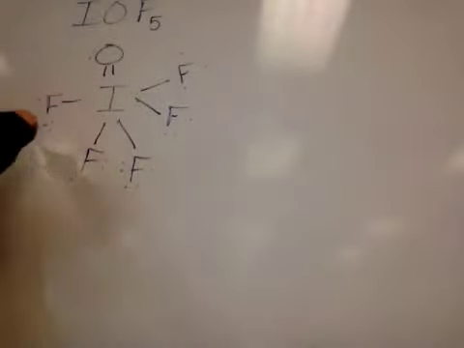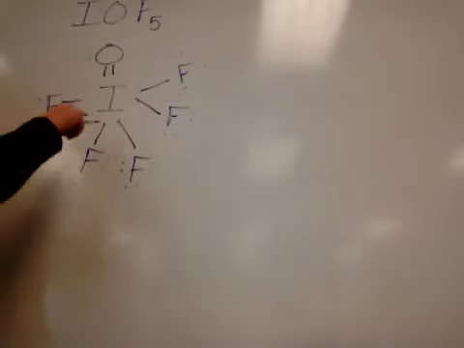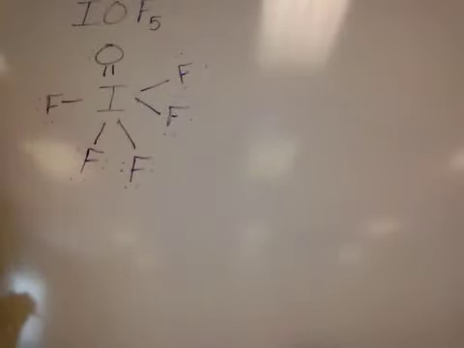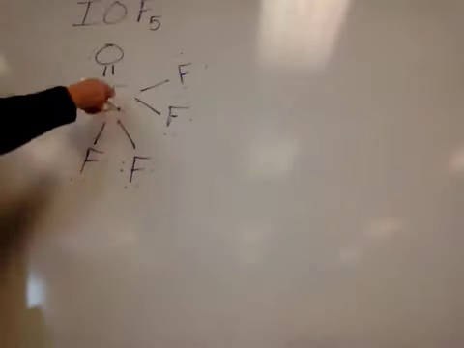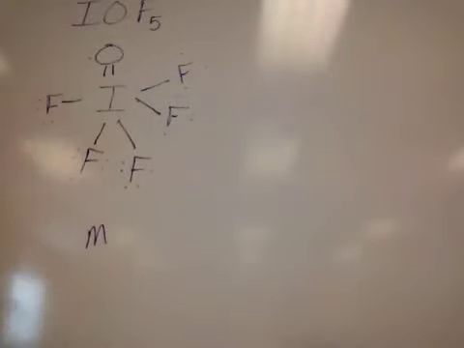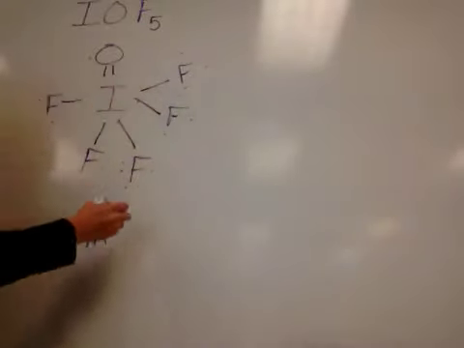But what I want to point out is this. So now I'm only looking at my iodine. How many central atoms do I have? 1. Just iodine is my central atom. How many terminal atoms do I have? 6. I have 5 fluorine and an oxygen.